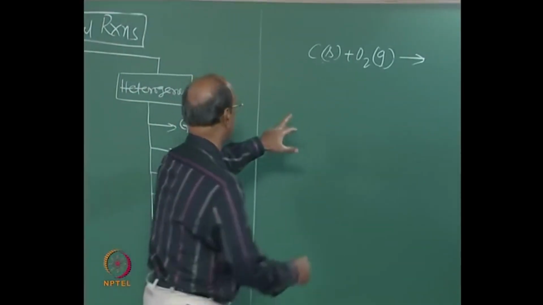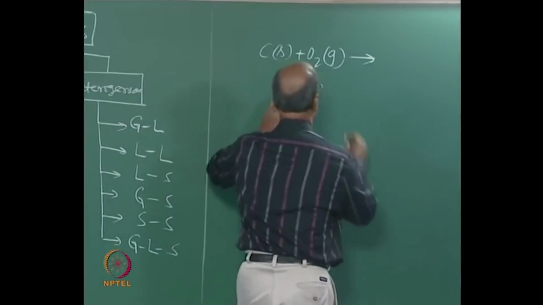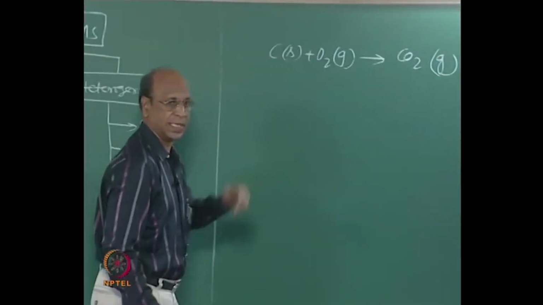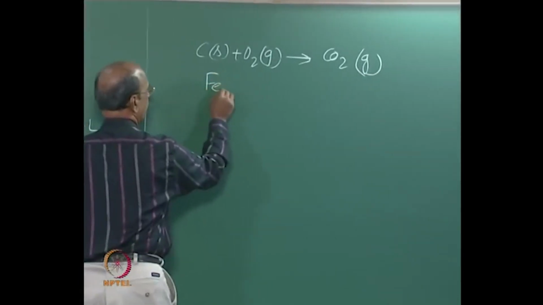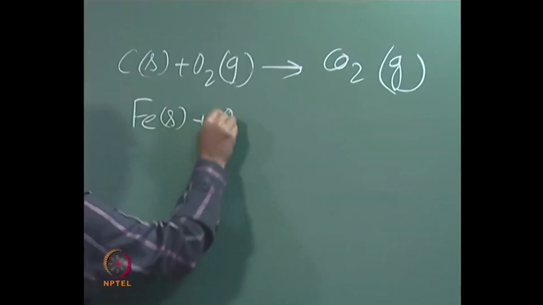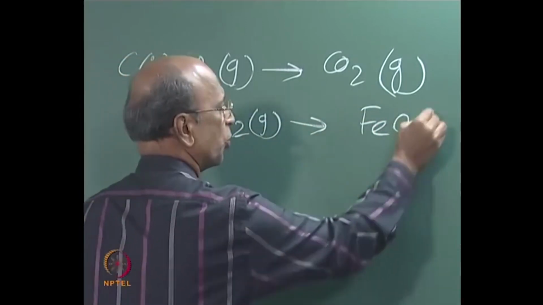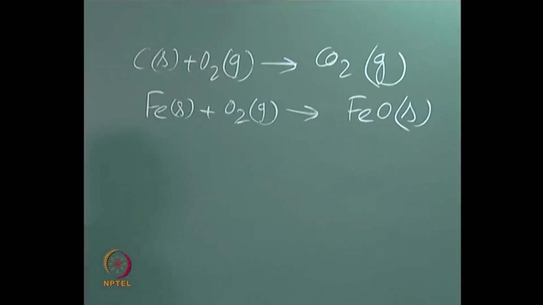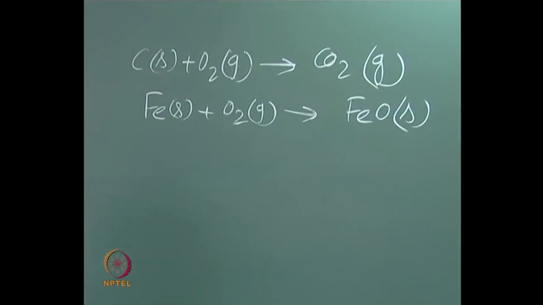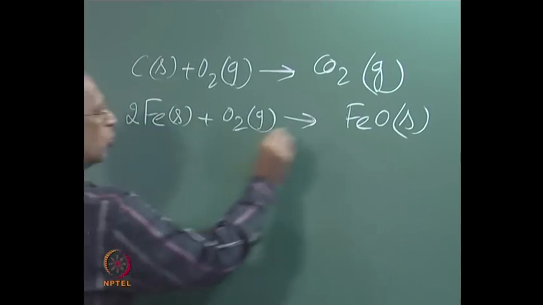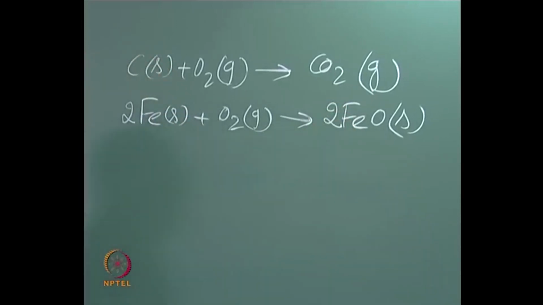That is why better write that. If you do not know, you have to find out and write. This is CO2 gas. This is a non-catalytic reaction. And also I have Fe solid plus O2 gas giving us FeO solid. Now it is balanced, 2 2. So that is one.